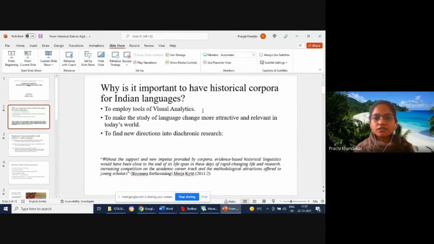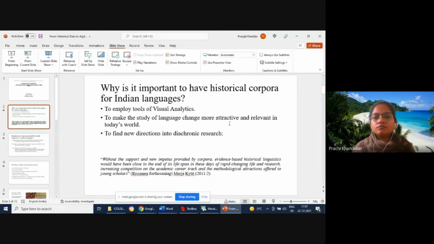What visualizing does is that you can identify patterns without actually having to deal with a lot of data tables, which is what we do when we are dealing with Indian languages in their historical form. So Martin Hilpert calls motion charts linguistic flip books, where you flip them and you see the language change actually happening.